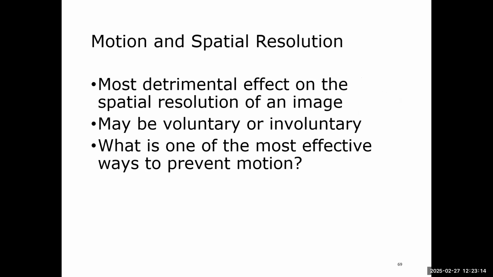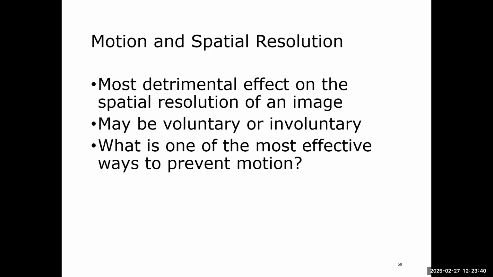The most detrimental effect on spatial resolution of an image is motion. It can be voluntary or involuntary. So voluntary would be what? Something the patient can control, like they physically move. It could be breathing, right?